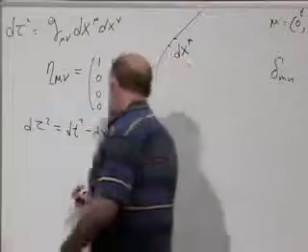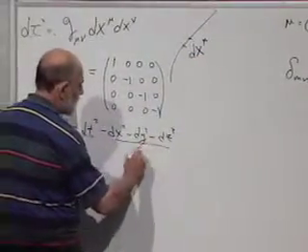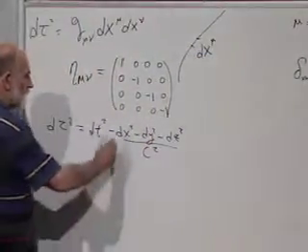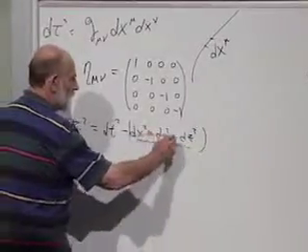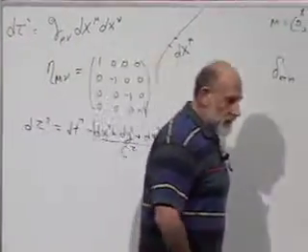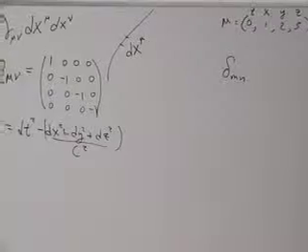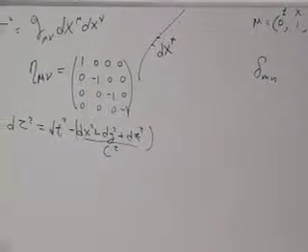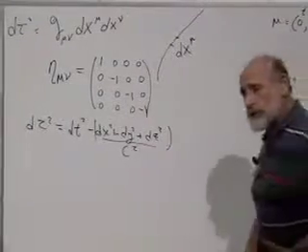The place that it would go would be in here, over c squared, like that.